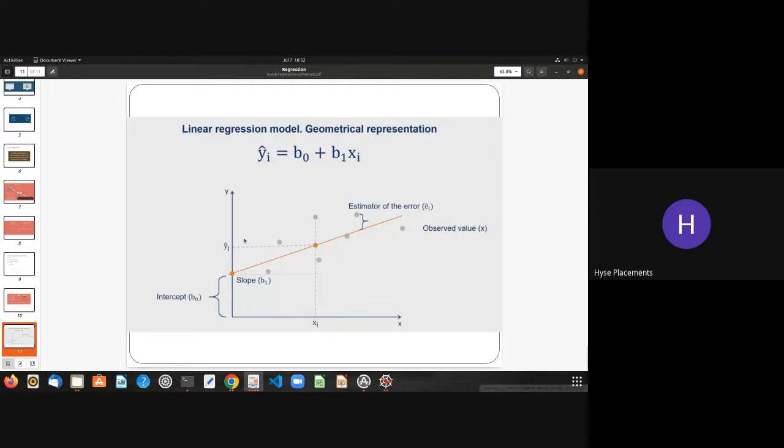So how are we going to identify the error rate actually? For example, check this gray point. The prediction for this data point is here on the line.